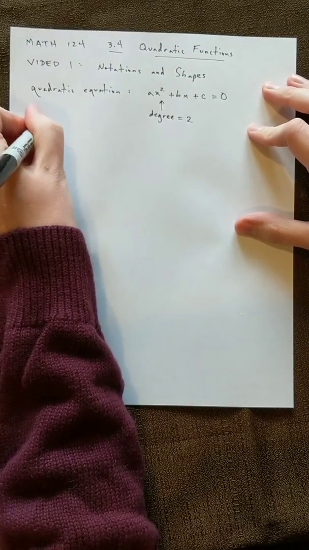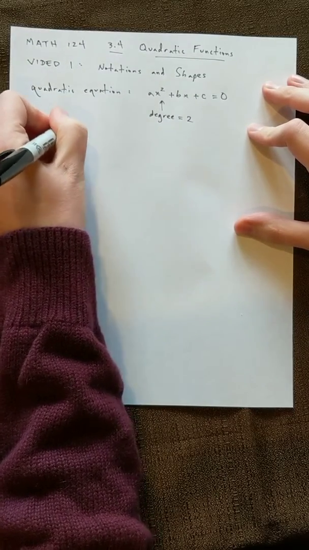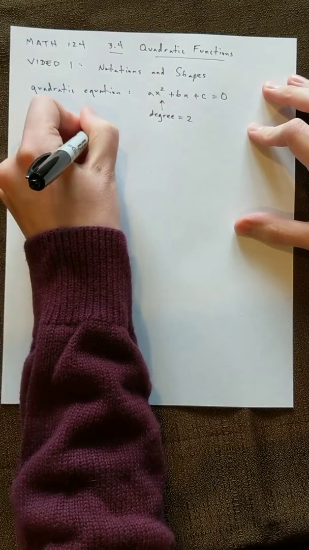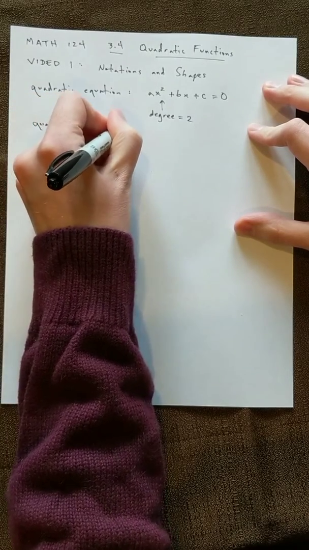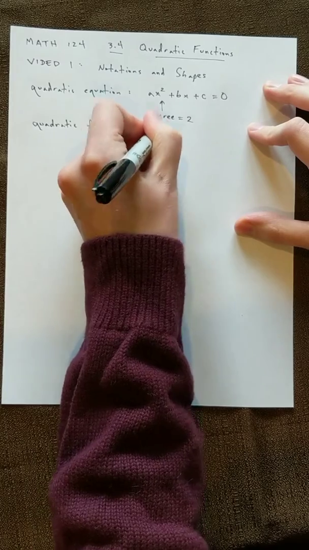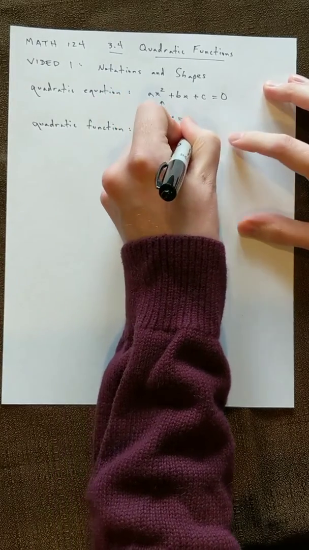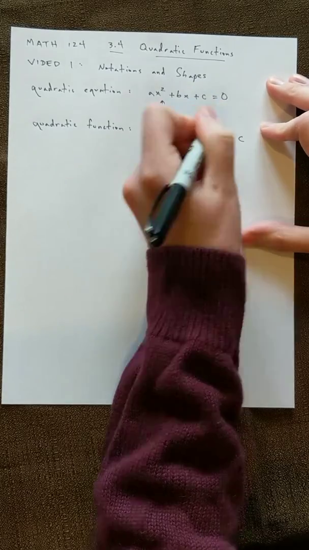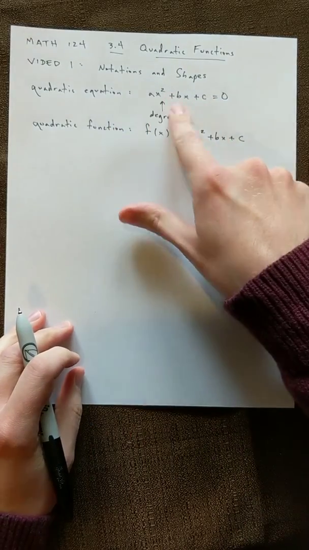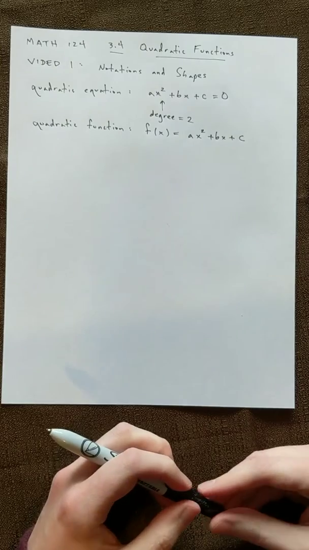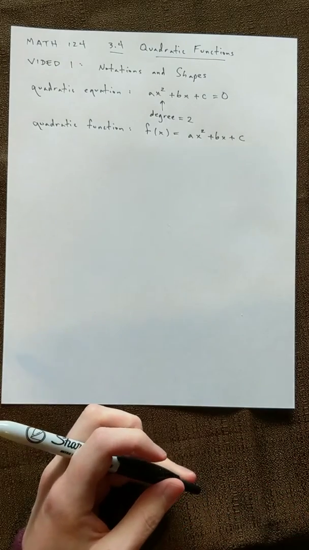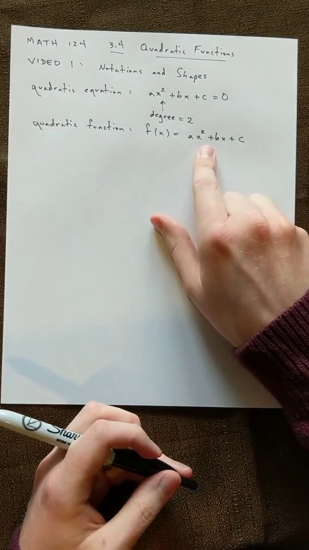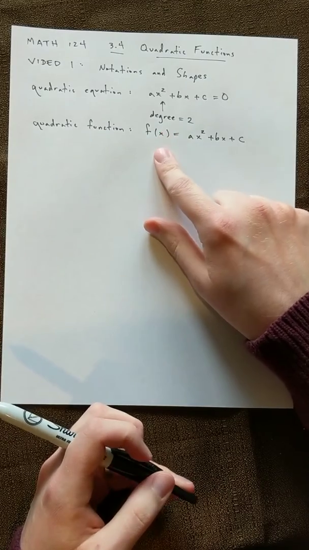A quadratic function would be something of the form f of x is equal to a number times an x squared plus a number times an x plus a number. So same formula we've seen before, ax squared plus bx plus c, only now instead of being equal to 0, we're saying it's equal to f of x, or it's equal to y, because remember f of x is the same thing as y.